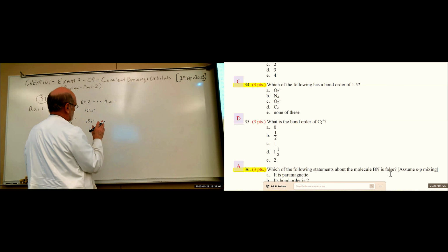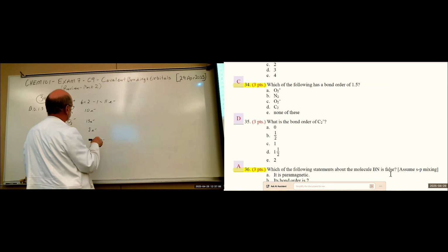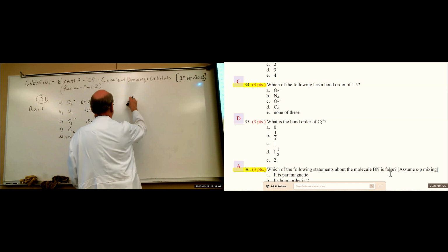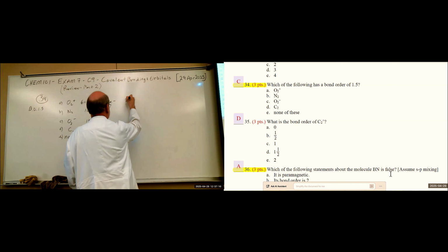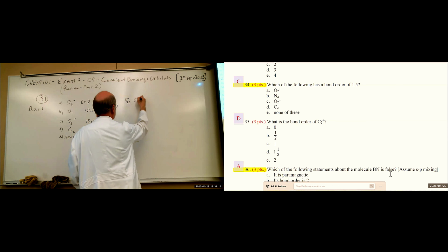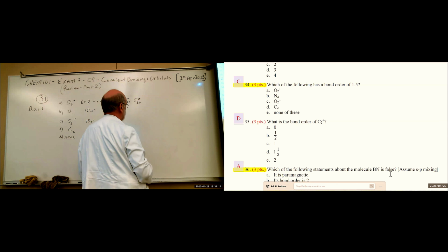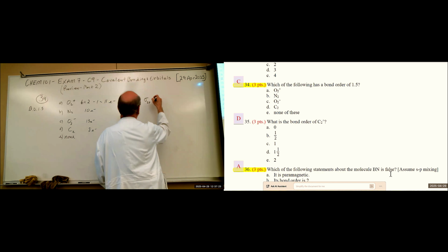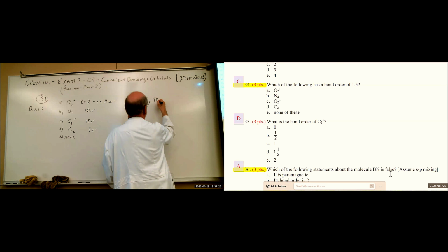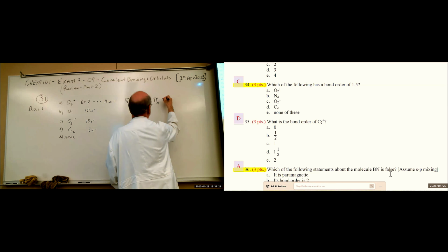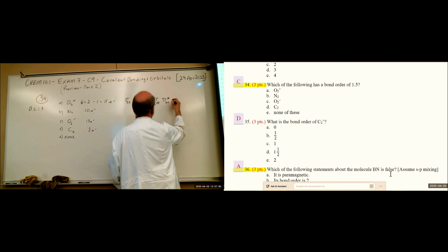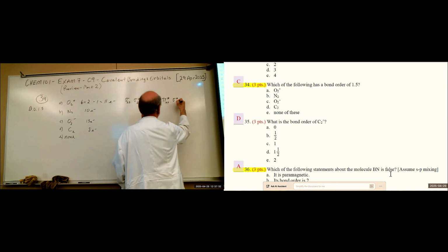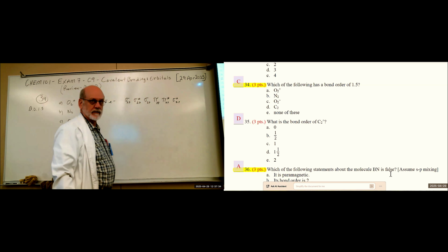Okay, now we can do the shorthand molecular orbital configuration. So we're going to have a sigma from the 2s and a sigma star from the 2s. Then we'll have a sigma from the 2p, and then a pi from the 2p, and then a pi star from the 2p, and then a sigma star from the 2p, if we need that many.